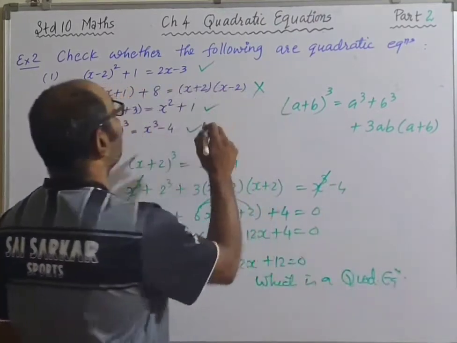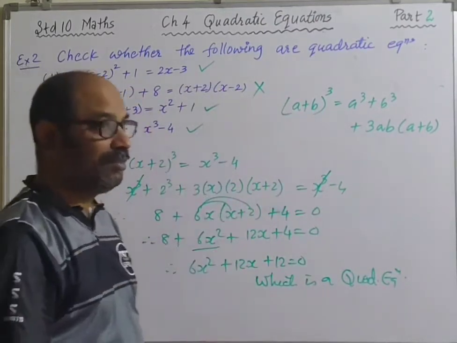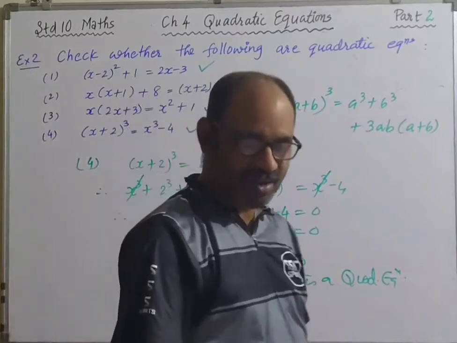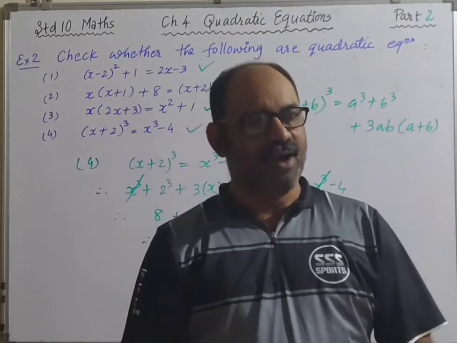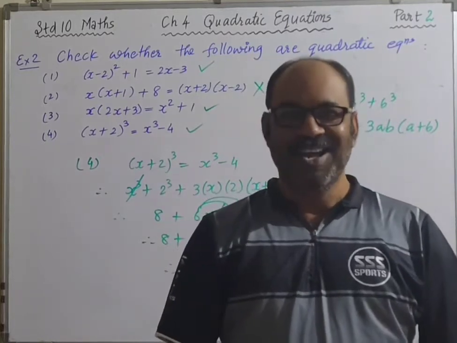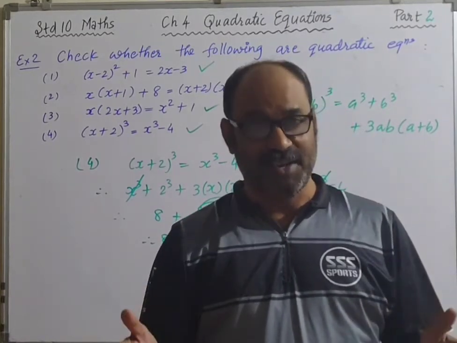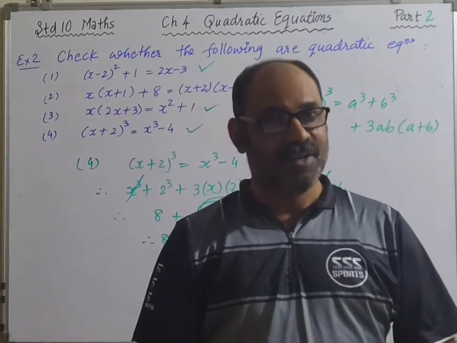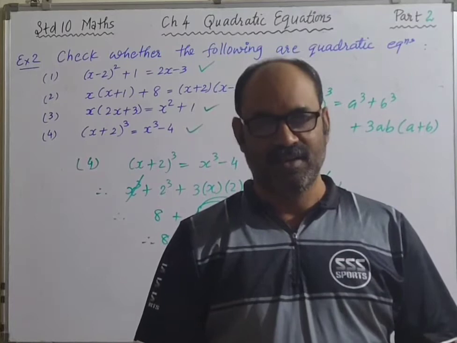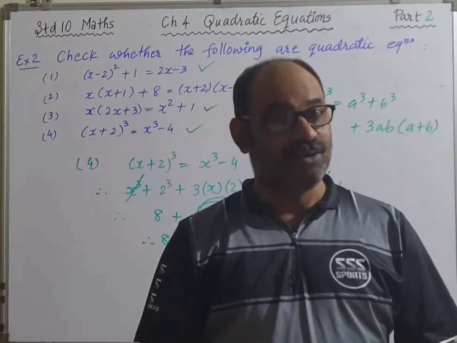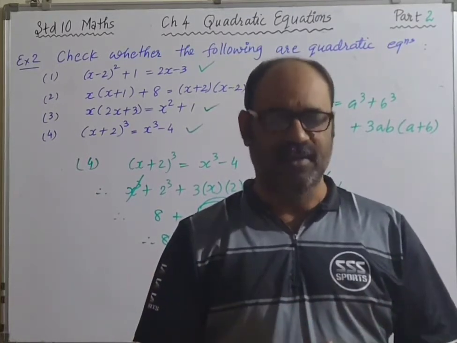Alright, so out of the 4, 3 are quadratic and 1 is not. Okay children, understood? Alright. Now we shall proceed further and see how quadratic equations are solved by the completing square method.